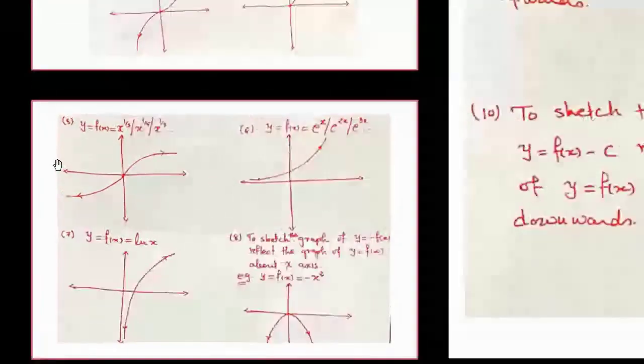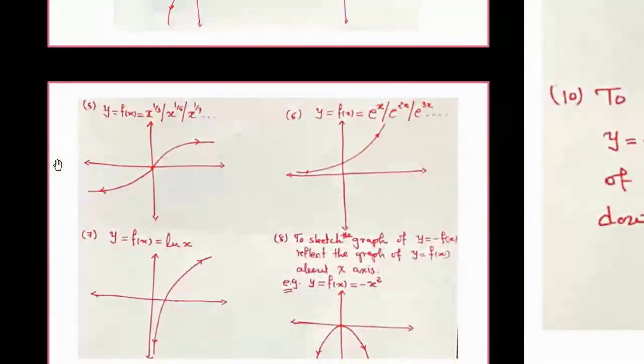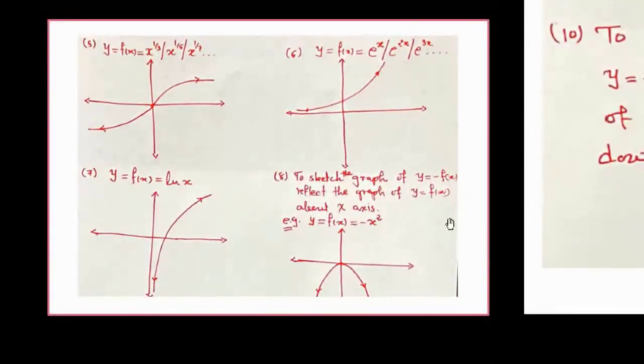Down here we have x to the 1/3, 1/5, 1/7, so anything 1 divided by an odd number. And then here we have exponential graphs, a natural log graph, and a negative parabola.